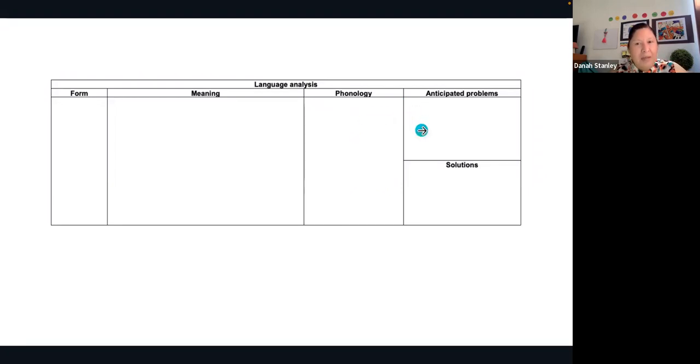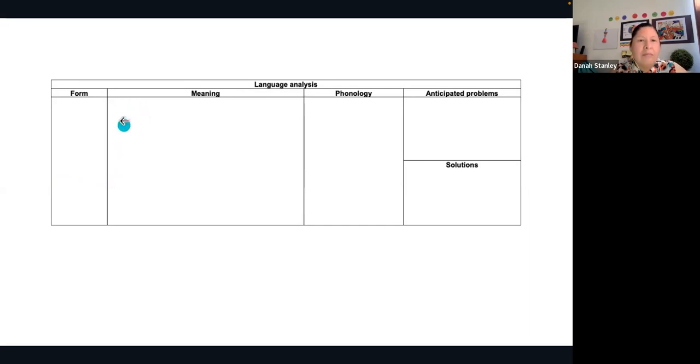The anticipated problems, especially for this activity, which may be the presentation of vocabulary, and the solutions. So here I could put, if it were vocabulary, vocabulary related to a train station, present simple timetable, or present simple for future meaning.